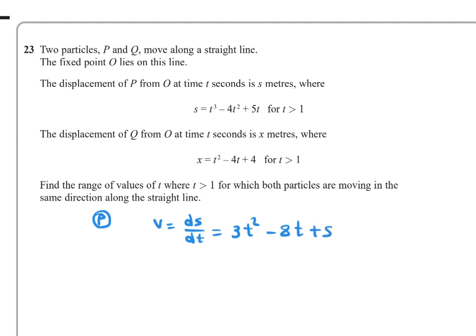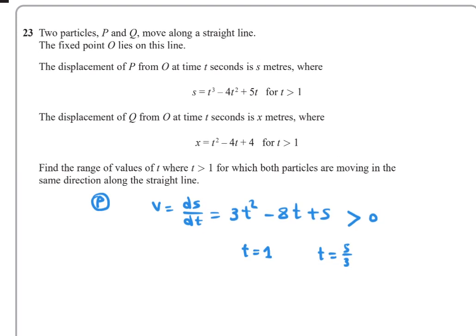Now to see when the velocity is positive, solve the inequality more than 0. Use your calculator to find the stationary values. You will find that the stationary values are t equals 1 and t equals 5 over 3.